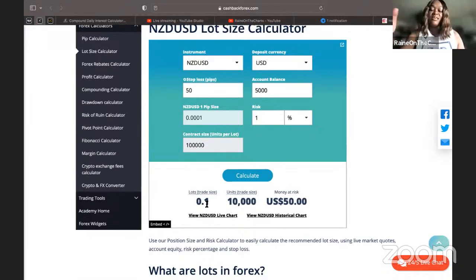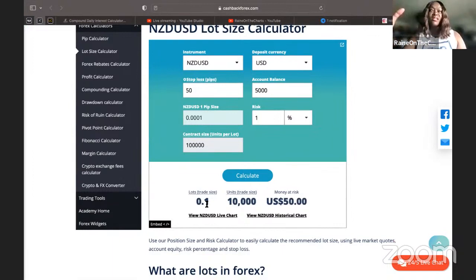Don't be lazy. And for those of you who are not comfortable using this, you're unsure, here's a rule of thumb for you when you have your small account. For every $100, do 0.01.